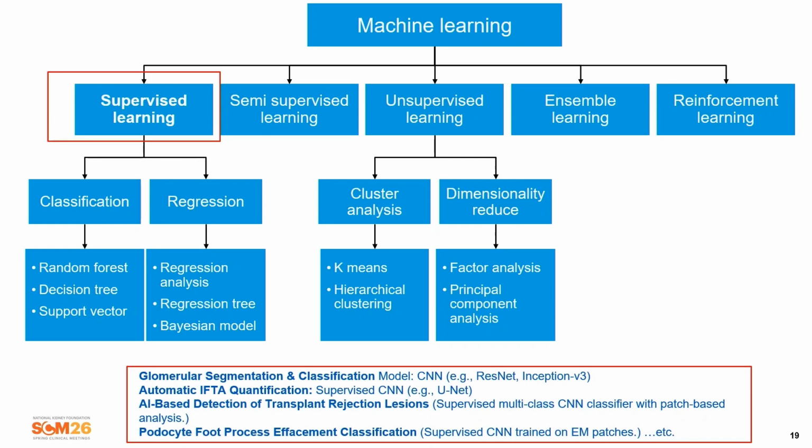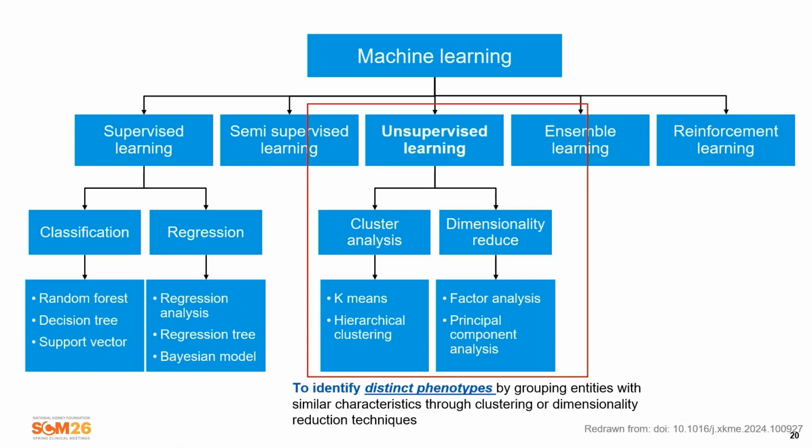Those also use supervised learning, and the supervised learning that can analyze images, such as biopsies and CT scans or pictures, we call CNN, or convolutional neural network. And you may see that a lot in the literature.